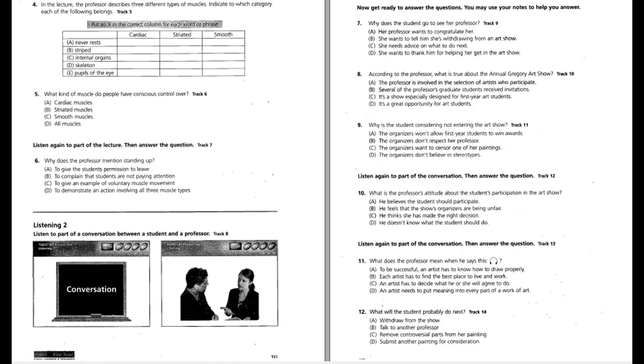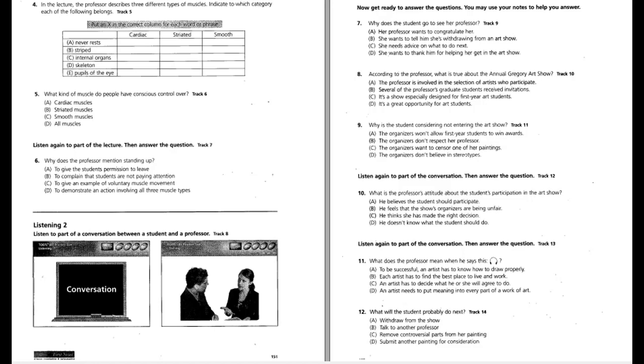Listen again to part of the conversation, then answer the question. Well, yeah, true. Maybe it's worth it. I mean, even though they won't let me show one of them, there are 3 others. And they did say I could submit another one for consideration. I think at some point every serious artist has to decide where to draw the line. It's a personal matter. Yeah, and it's not always clear-cut, is it? Thanks a lot.